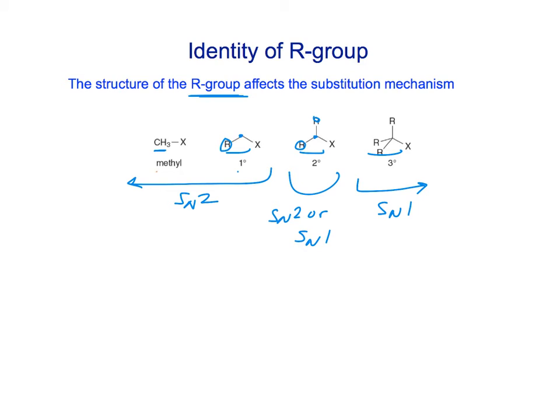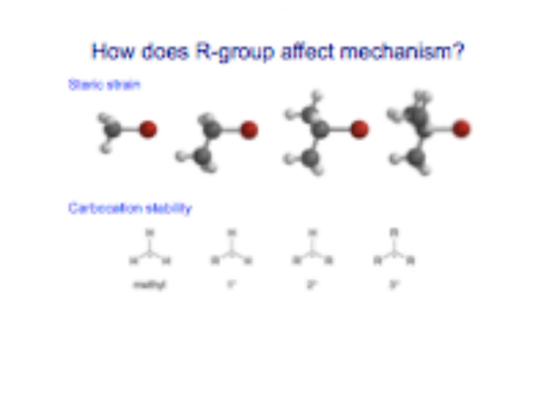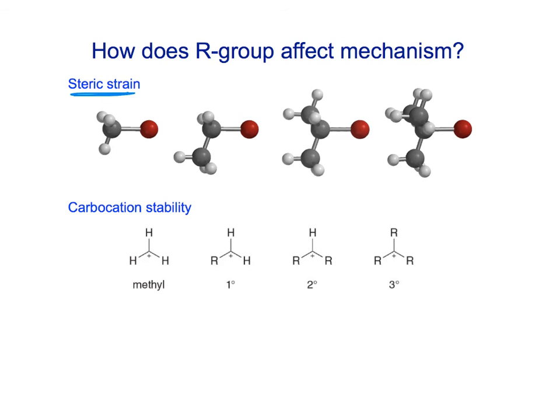All right, so there's a definite preference for mechanism based upon the substitution pattern of the R group. So why would this be? There are 2 main factors. The first has to do with steric strain.